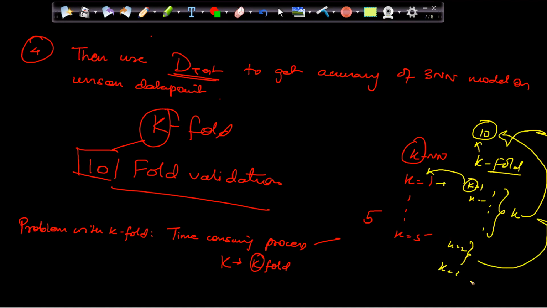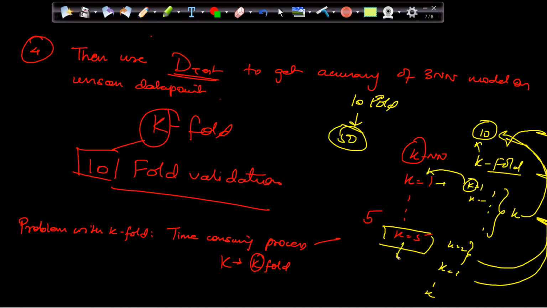When neighbor equal to 3, again 10 times, and so on, till k equal to 5. So automatically it is 50 times I am running. If I am applying 10-fold validation, I am running the same model 50 times if my nearest neighbor is 5. If my nearest neighbor is a higher number, it will also increase. So that is again one of the problems which we have.